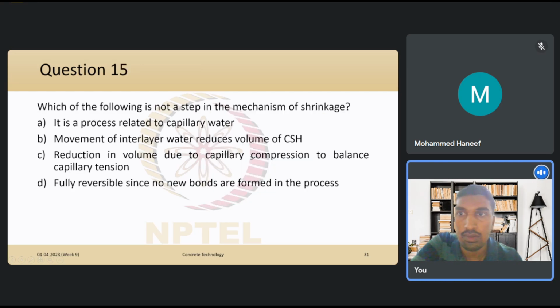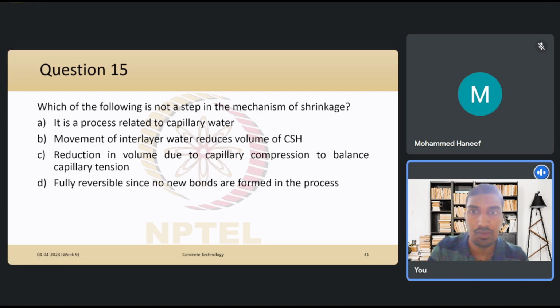Okay, so question number 15 is, which of the following is not a step in the mechanism of shrinkage? The options are: A, it is a process related to capillary water; B, movement of interlayer water reduces the volume of CSH; option C is reduction in volume due to capillary compression to balance the capillary tension; and option D is fully reversible since no new bonds are formed in the process.